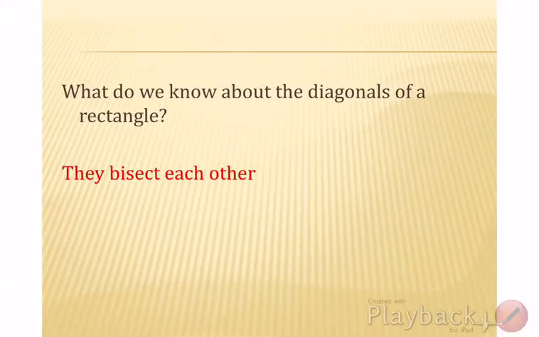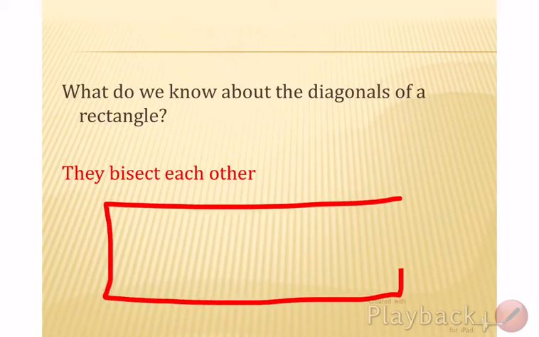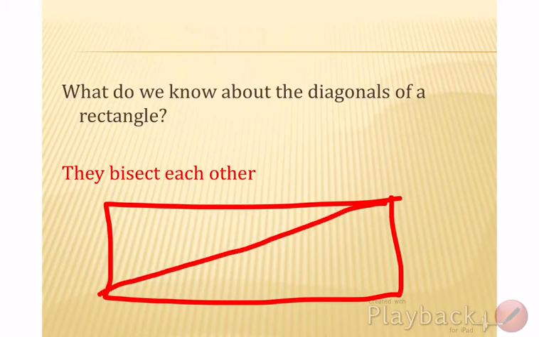What do we know about the diagonals of a rectangle? Well, that they bisect each other. So if I just draw a simple basic rectangle, by definition of a rectangle, each diagonal is bisected.